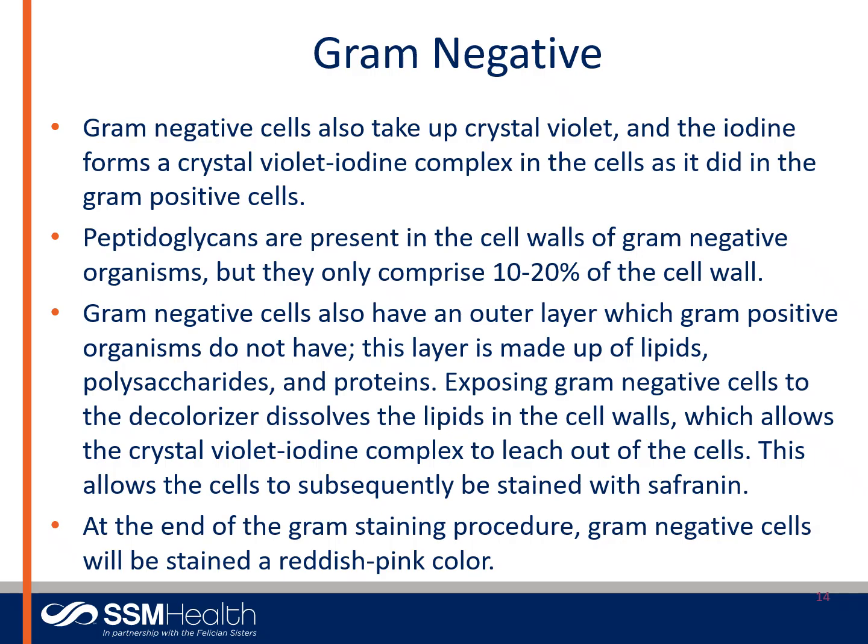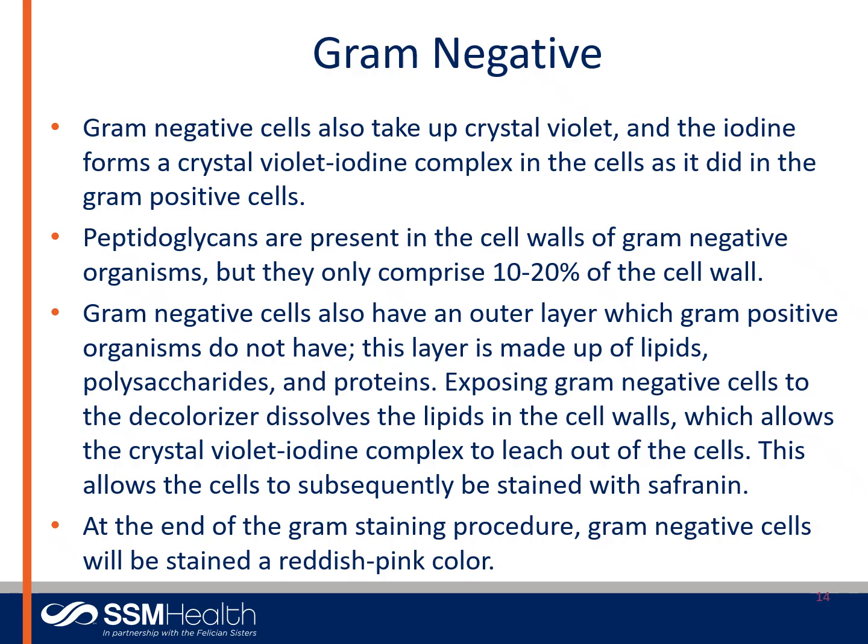Gram-negative organisms, the cells equally take up the crystal violet, just like the gram-positives do, and the iodine does form a complex with the crystal violet, just as it did with the gram-positive cells. And peptidoglycan is present in the cell walls of gram-negative organisms, but not to the extent as the gram-positive.